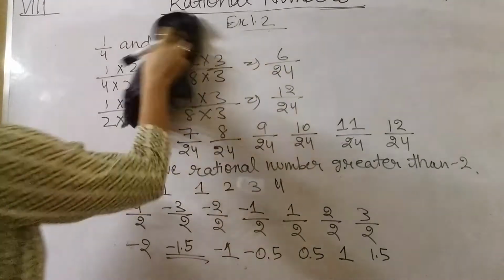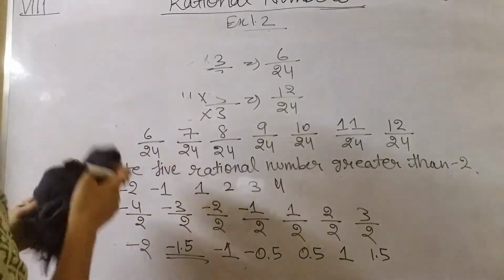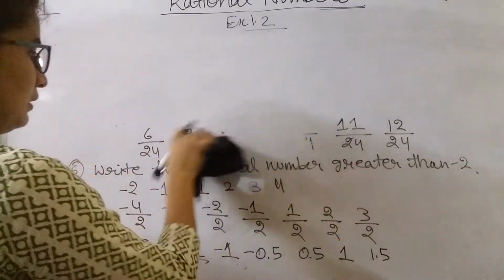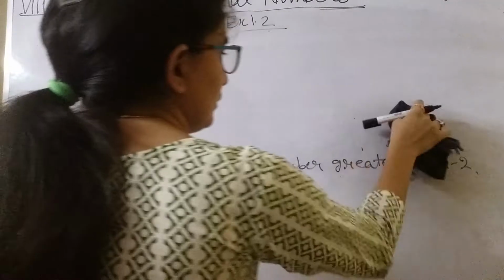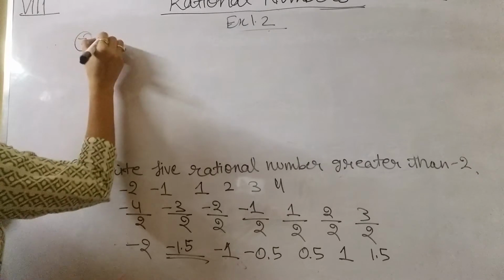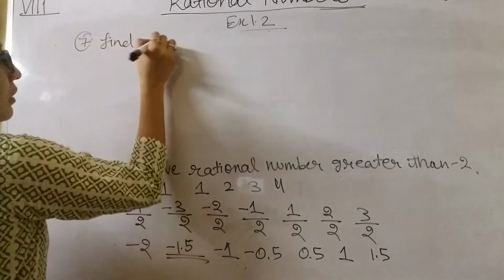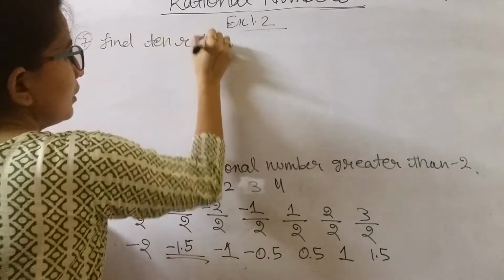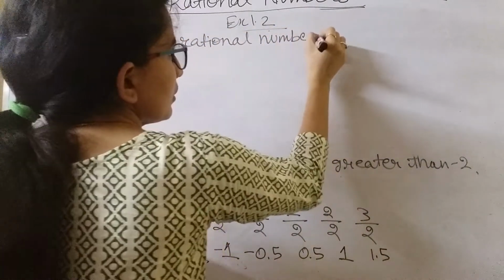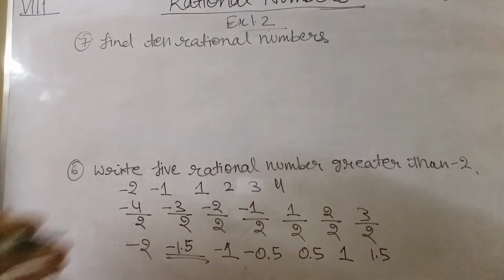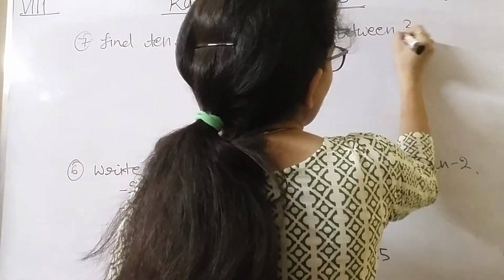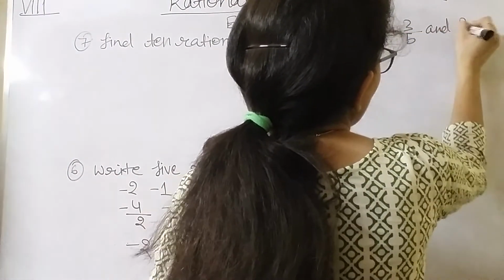Now the next question is, find 10 rational numbers between 3 upon 5 and 3 upon 4.